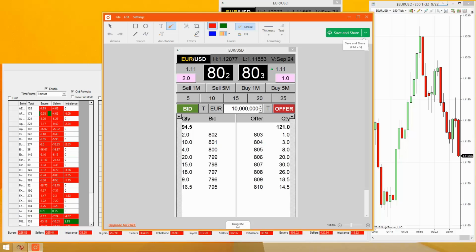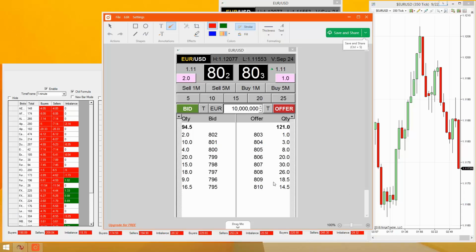Just give me a quick second guys. Alright, so what you see on my screen is bids on the left hand side, offers on the right hand side.